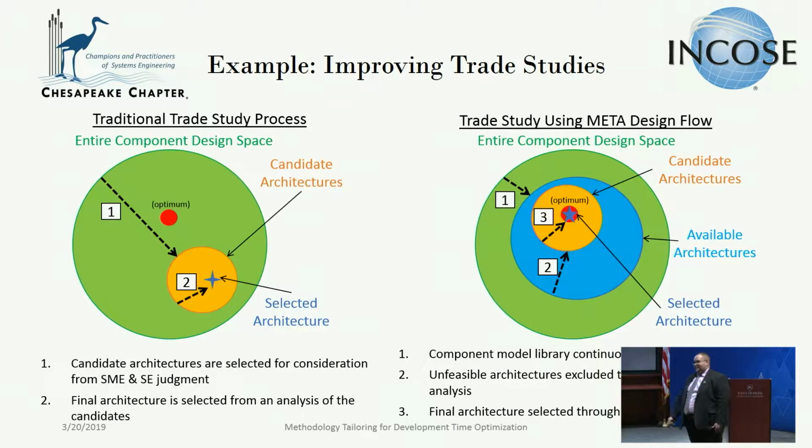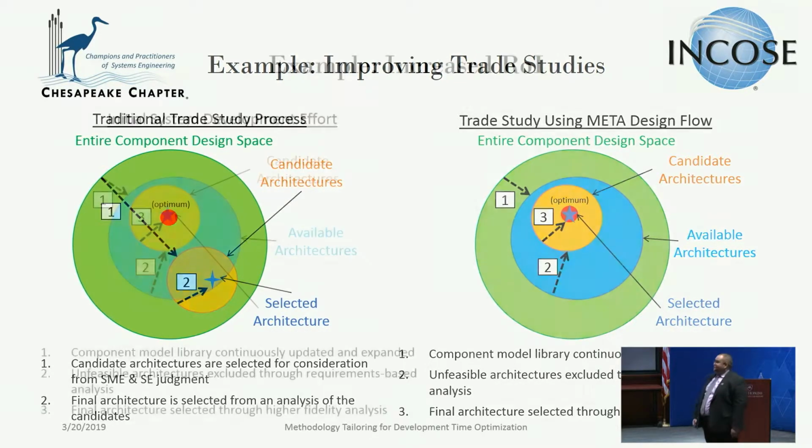So think about the idea where your SMEs select architectures to compare, but none of them are the best one, then you're not going to find it. At least with the meta design flow, you make sure that within the components that you have in your library, which are probably all the components that you can buy in the first place, you can run analysis that will yield the optimum architecture, at least within that.